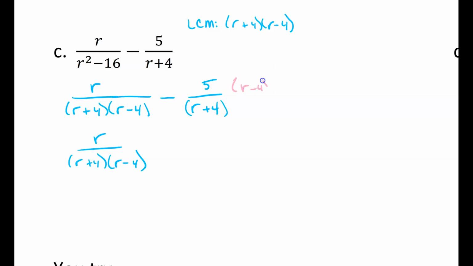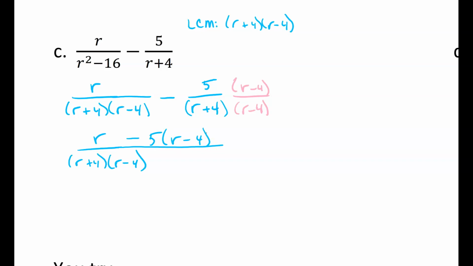So r minus 4 times r minus 4. All right. What's the other thing we have to be careful with in this one? We have a negative. Okay, it's minus the whole thing. So as I rewrite this, I'm going to write it as a minus 5 times r minus 4.